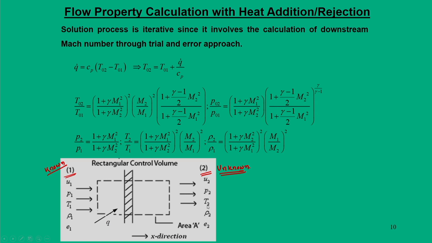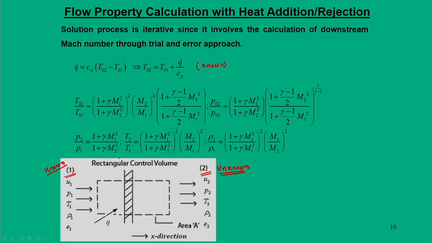But we do not have any other choice, rather we only know that some heat is getting added into the medium. So, we can express this Q as C p times T naught 2 minus T naught 1. From this equation we can evaluate T naught 2 is equal to T naught 1 plus Q by C p. In this equation what we know is T naught 1, Q and C p, so this is a known quantity.